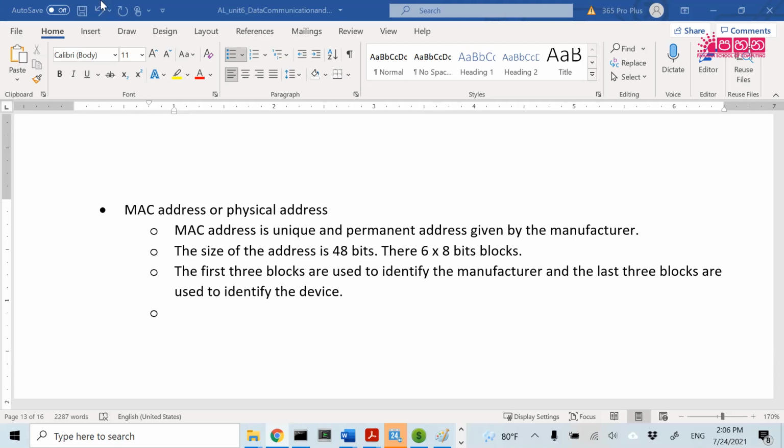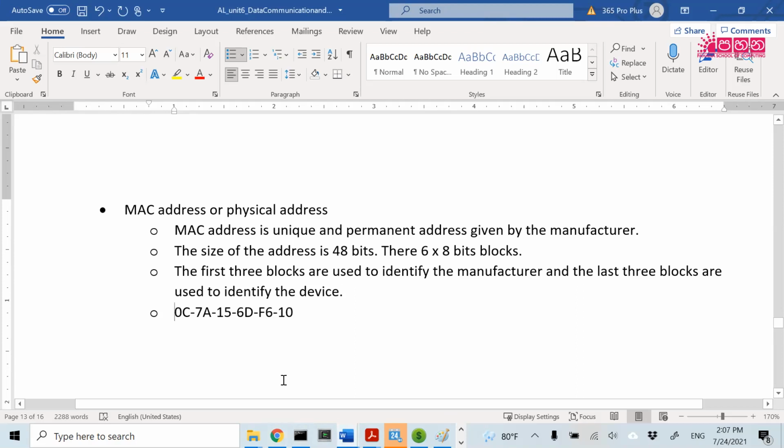Let me take one of my examples. Here is one from my machine. There are 6 blocks of 8 bits, and the first 3 blocks are from the manufacturer, and the last 3 are used to identify the device.